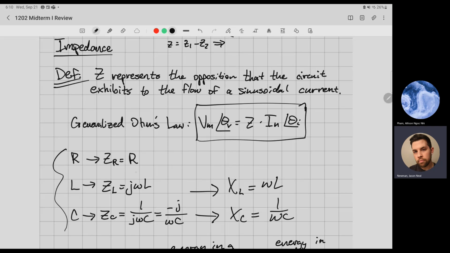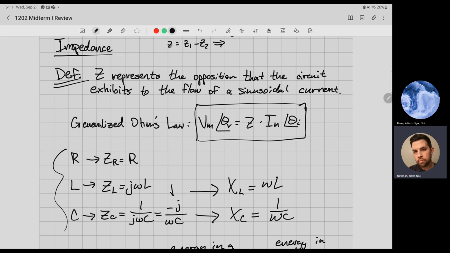What I mean by reactive is that it only dissipates real power. Your inductor, ZL, is your impedance of the inductor, which is j omega L. And your impedance for the capacitor, ZC, is equal to 1 over j omega C.